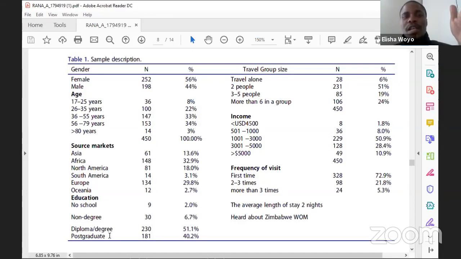Then you would need to indicate how many were these people and what the frequency is. So in terms of this study, I have 252 who were female, and they constituted 56% of the sample whose data I analyzed. That's how we're going to present this particular kind of data.